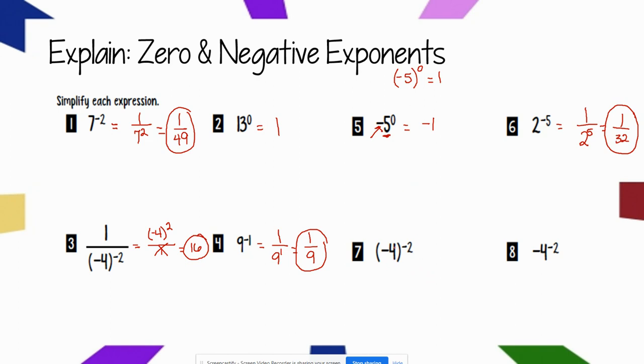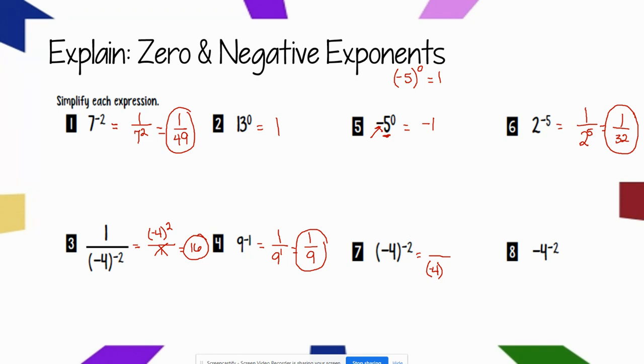Number 7 says -4 to the -2nd power. So remember that -4 is in parentheses, so that means that that exponent is being applied to the negative as well. So we need to get rid of our negative exponent, and we're going to do that by flipping this down to the denominator. So now it becomes -4 because this negative doesn't change. The only thing that changes is the negative on the exponent.